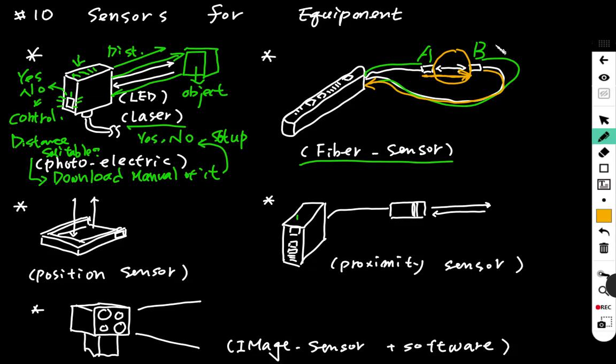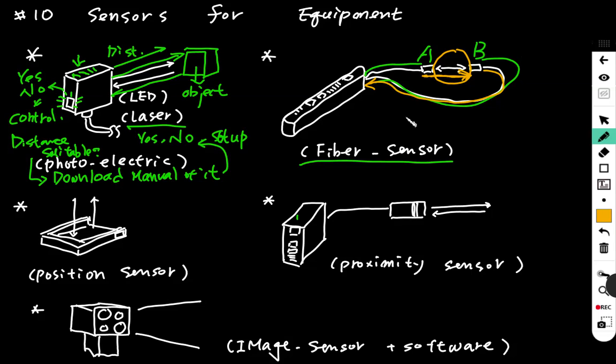It can be used when we want to know if an object is between the lanes.